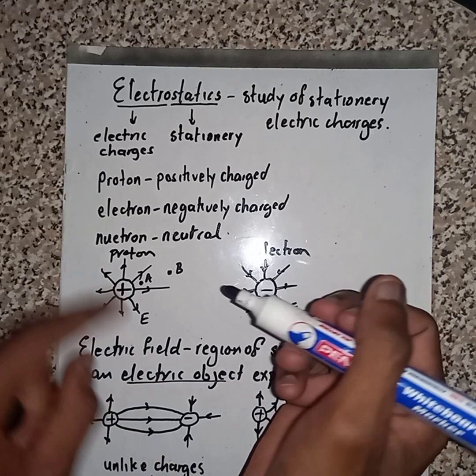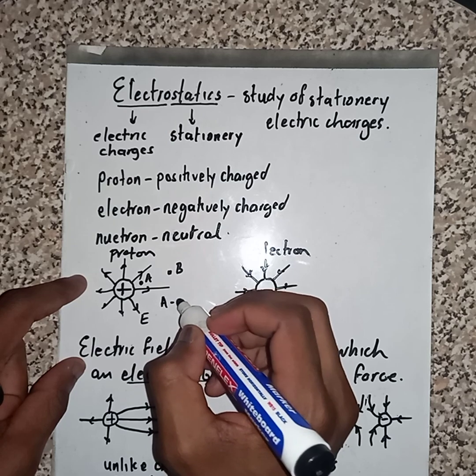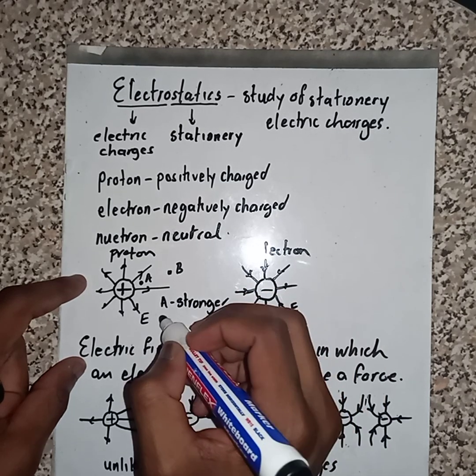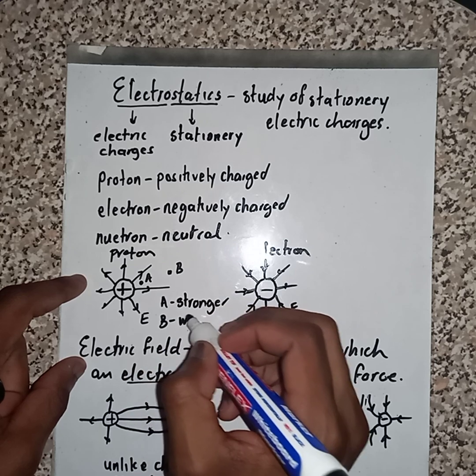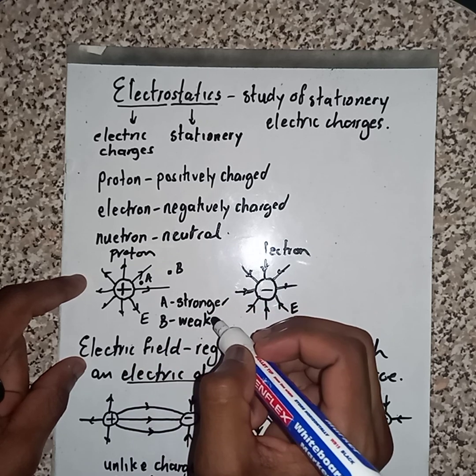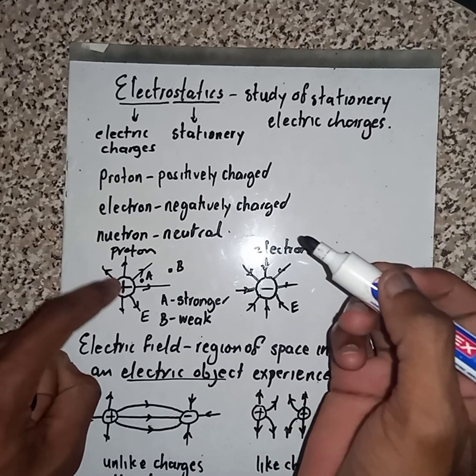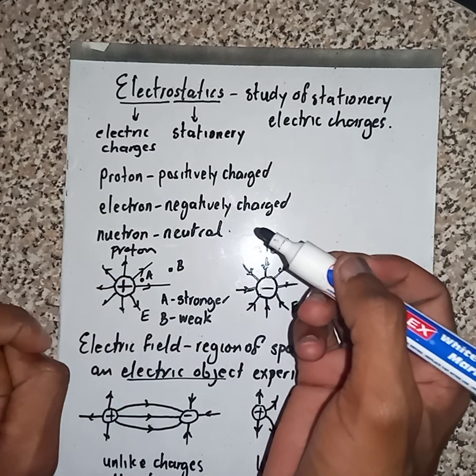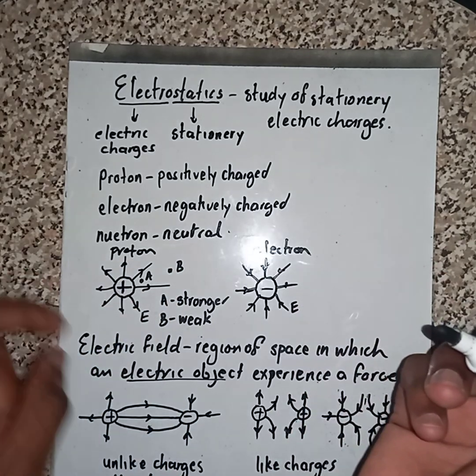Get the point? They are stronger closer to the charge, weaker away from the charge.